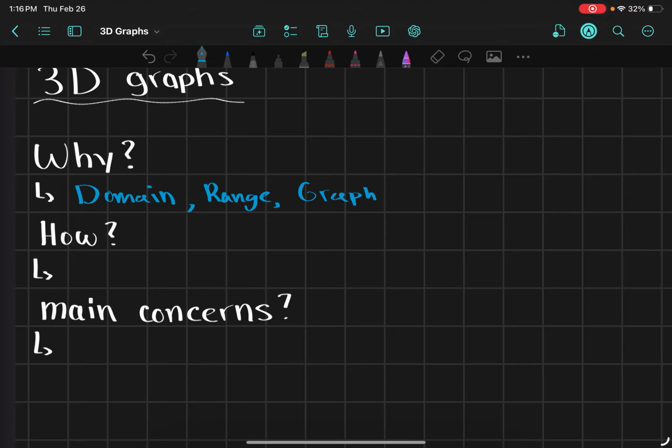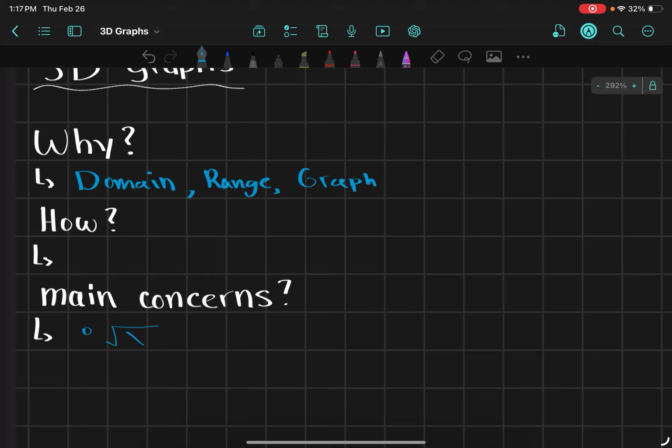So I guess the how for how we're going to do these 3D graphs is we are going to look at considerations. Considerations is in we are going to essentially solve for our domain given a function, okay? So our main concerns, firstly, we are worried about square root of x, or square root of some function of x, because intuitively you understand by now that you cannot square root something that is less than 0.